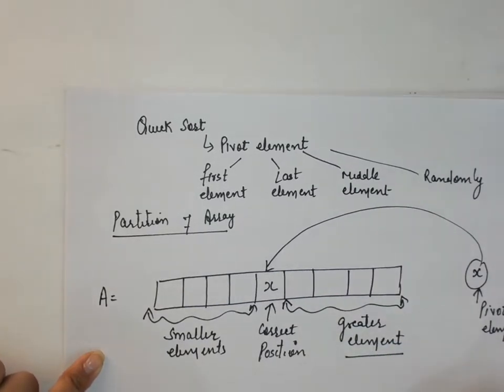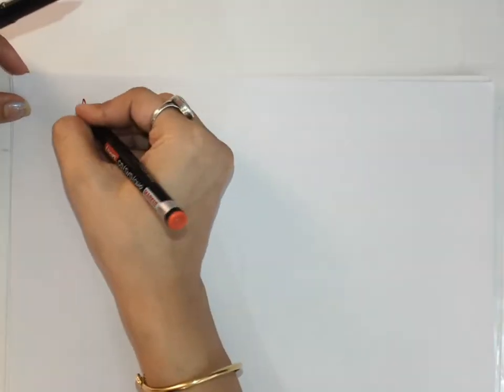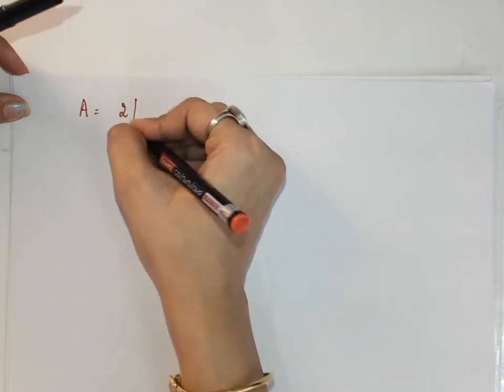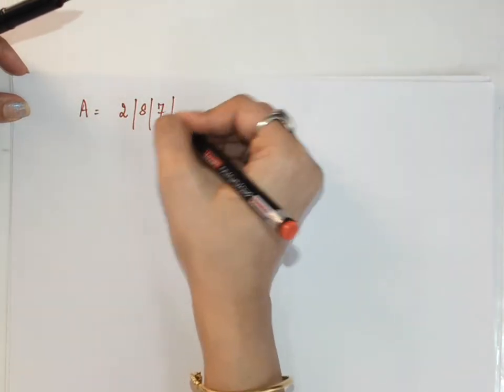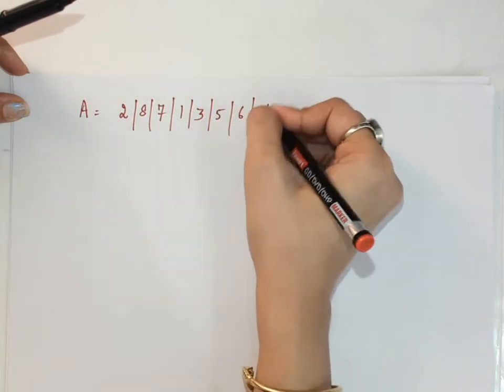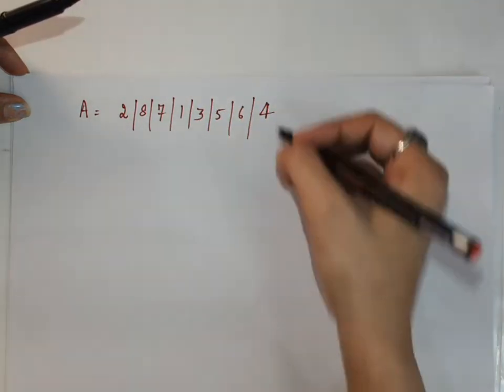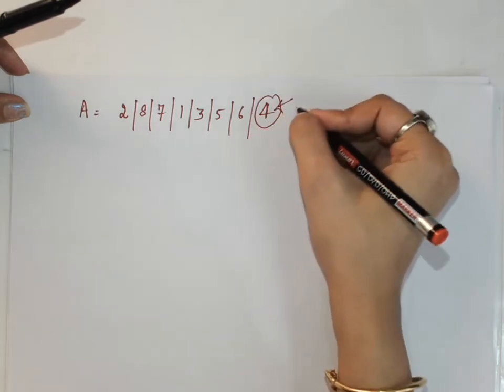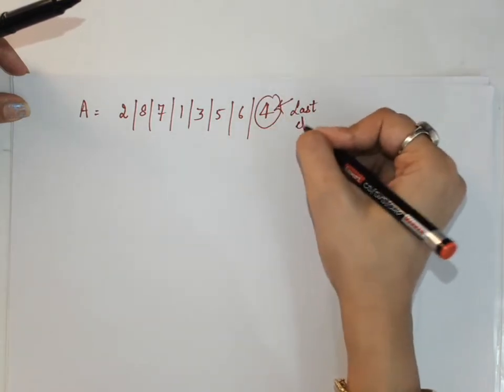Now we see how it works with the help of an example. Suppose I have an array 2, 8, 7, 1, 3, 5, 6, 4. In my example I have considered the last element as my pivot element.